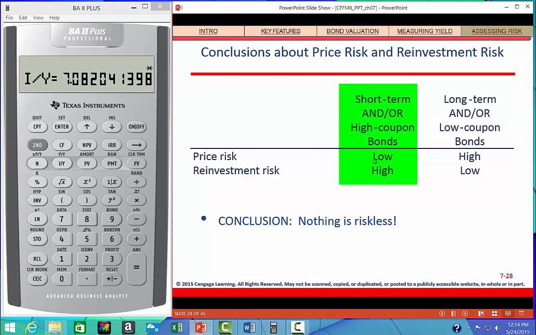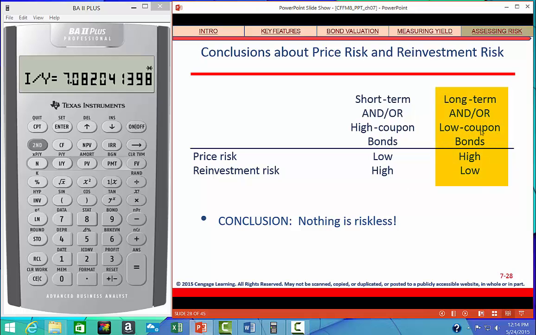For short-term or high coupon bonds, price risk is low, and reinvestment rate risk is very high, as we saw in that one example. For long-term and low coupon bonds, price risk is very high. We saw how the 10-year bond had a much more drastic decrease in price, of about 25%.